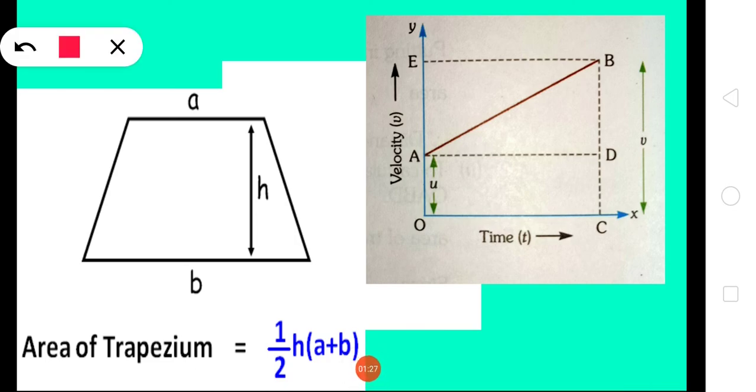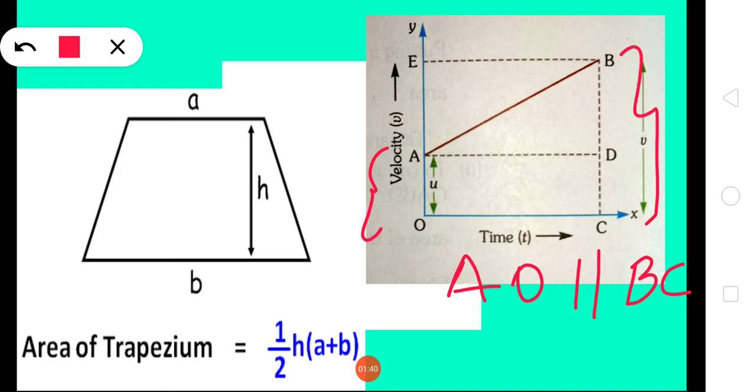The parallel sides are AO, which is parallel to BC. Okay, AO and BC. These are the parallel sides of the trapezium OABC. And the distance between the parallel sides is AD.